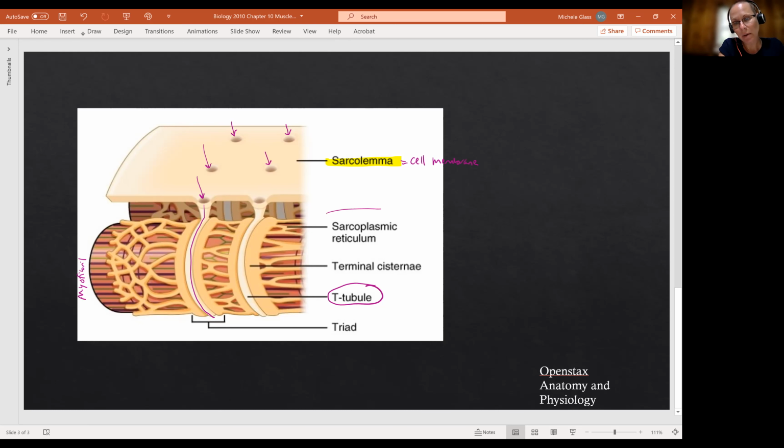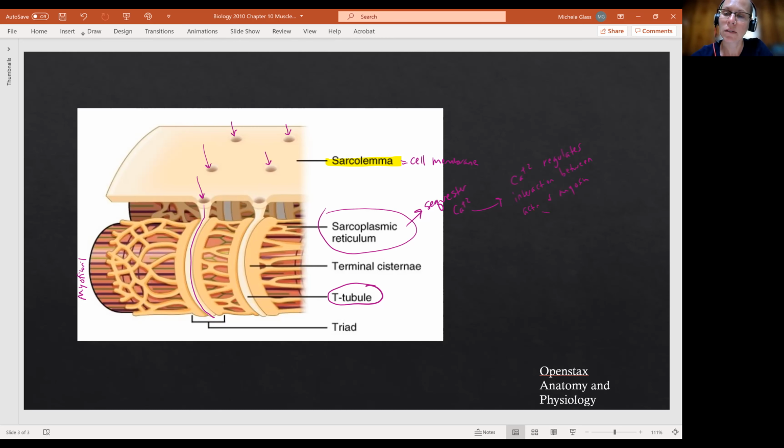Notice also wrapping around the myofibril, you have the sarcoplasmic reticulum, the SR. And remember, it's going to sequester calcium ion, which remember I said sequester means store and hide. And also remember in an earlier video, we said that calcium regulates the interaction between actin and myosin.